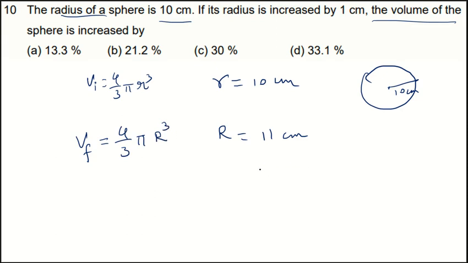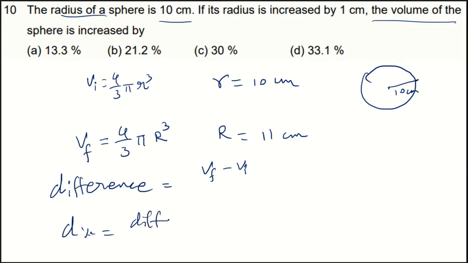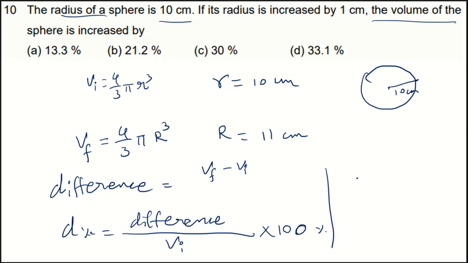Now, the difference will be the volume in the final minus the volume in the initial. Now, the percentage of difference is the difference upon the volume of initial, that is how we find percentage, into 100 percent. So, using this tactic we will find out.